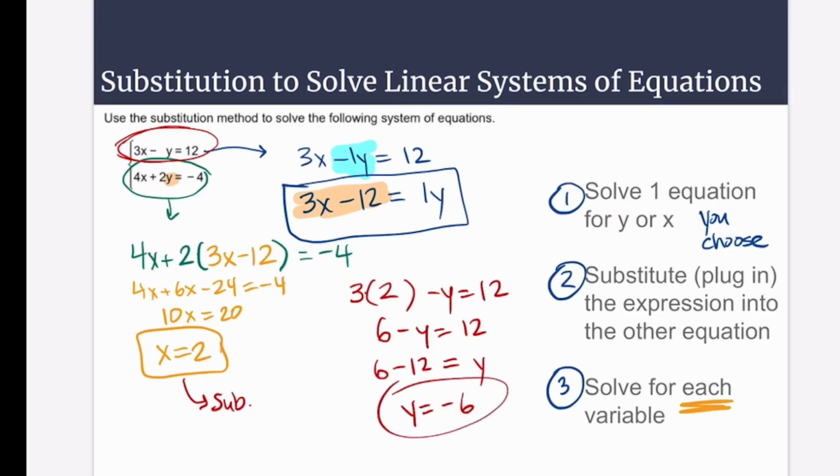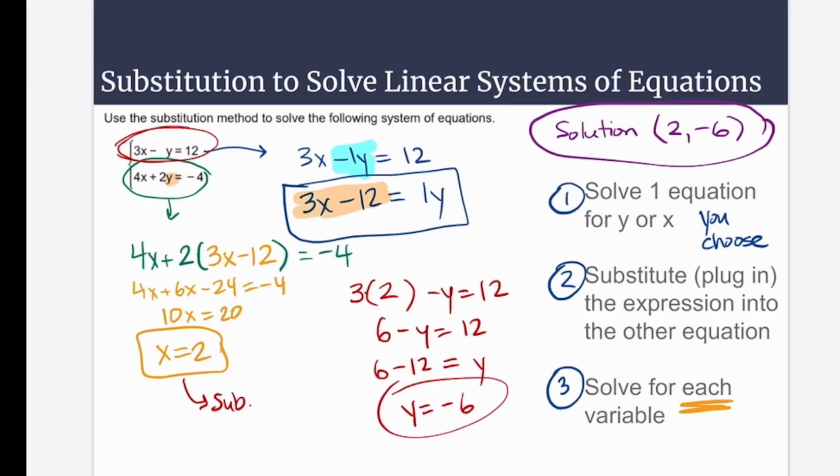So my solution, my answer, is going to be 2, negative 6. And if you graphed these, just for context, both of these lines would intersect at the same point, which would be 2, negative 6.